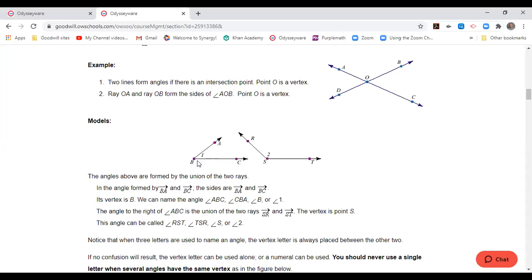If you start here, you can go the other direction. But in either one of those descriptions, you notice that the vertex letter is B, and it's in the middle. The vertex point or letter always has to be in the middle of your description. So you got options here. If there are letters there, you can use the letters. If you have a number, you can just call it by the number. The vertex always goes in the middle.